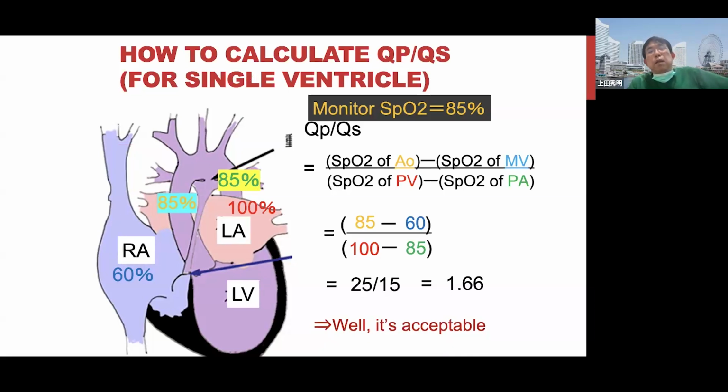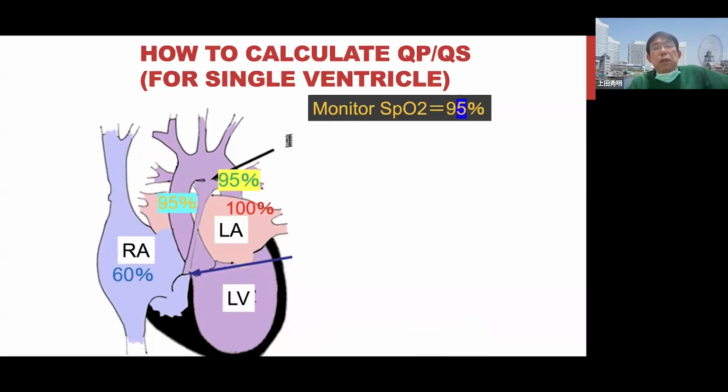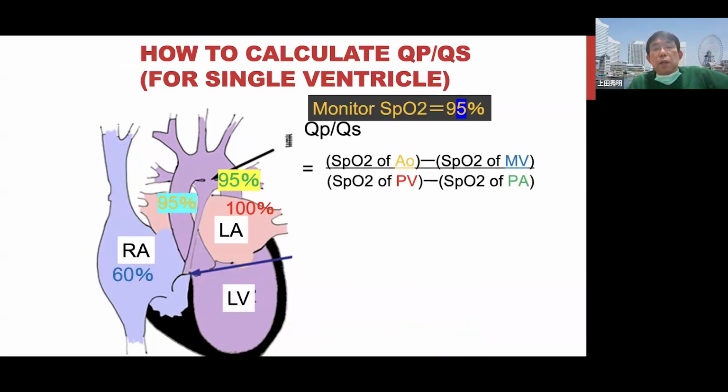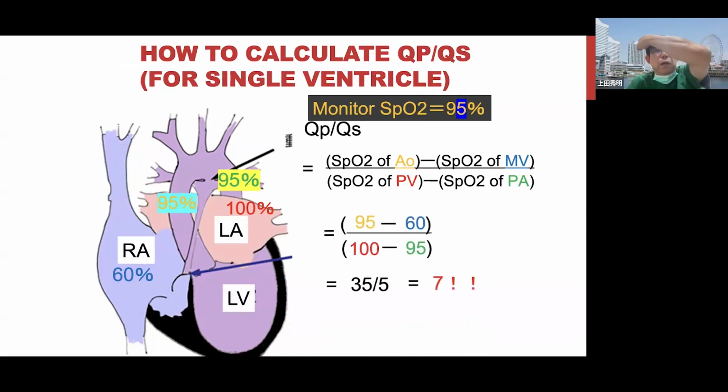So we just keep watching. But if the saturation shows 95 percent, we should be very careful, because the calculated Qp/Qs should be around 7, which means volume overload of the LV will happen soon.